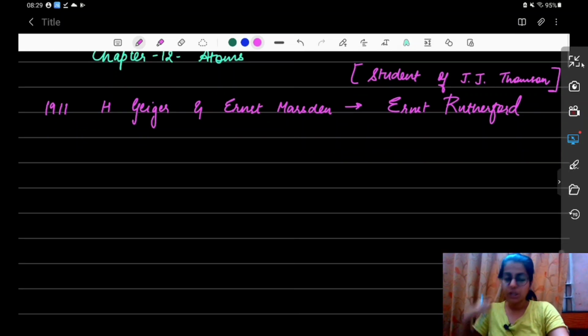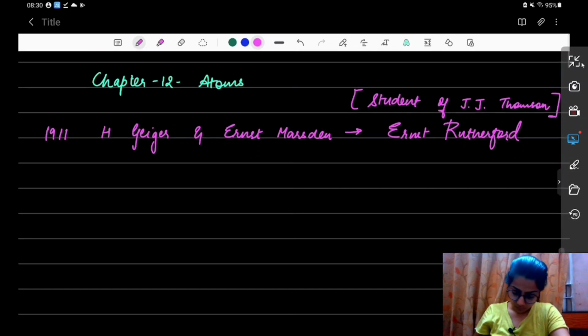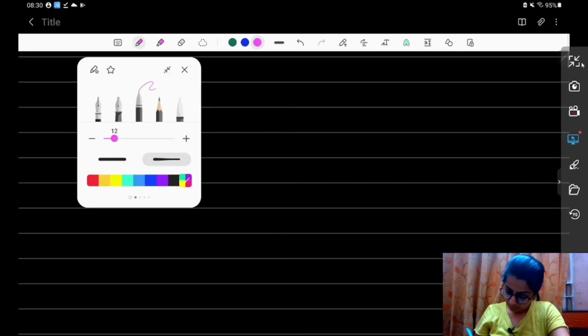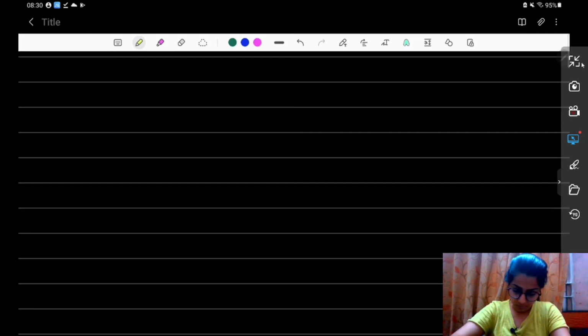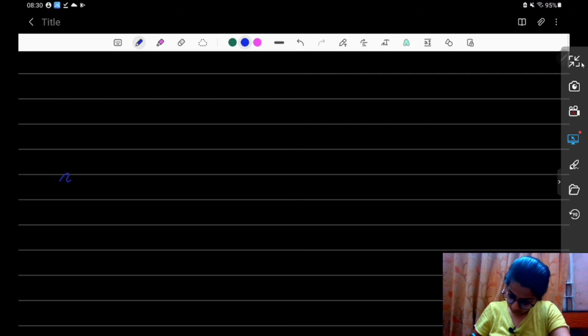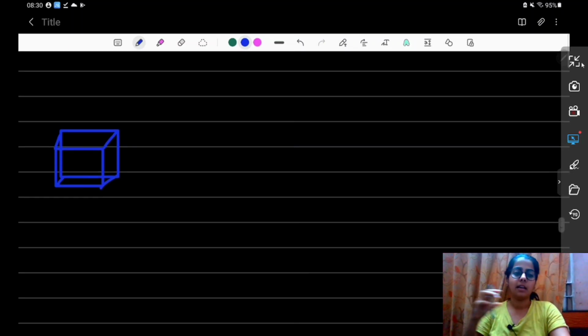Now we are going to make the line diagram of the experimental setup to understand how the nucleus was defined inside an atom. Let us make the diagram. This is a box. From this box, alpha particles are emitted out.